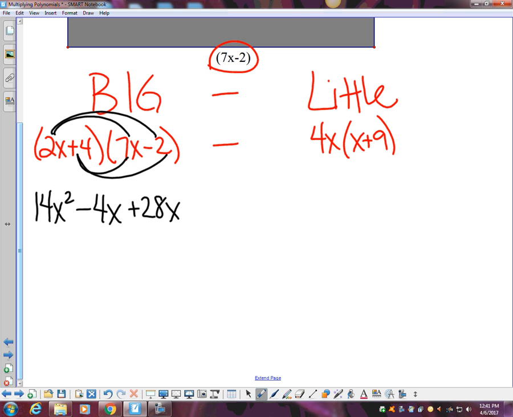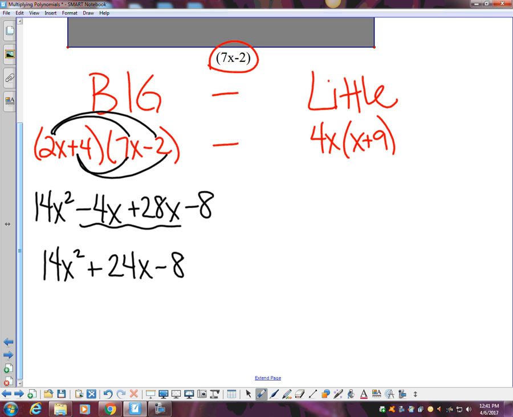And that would be a negative 8. Now, before I move on, I'm going to clean this up. I'm staying with this lobster until it's done. So 14x squared is queen bee. Those are like terms. Signs are different, so I subtract. Take the sign of the bigger number. So positive 24x minus 8.